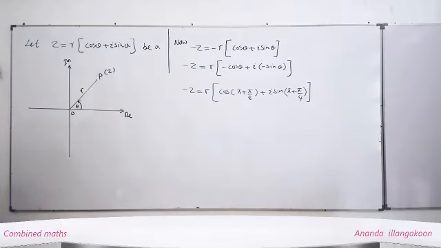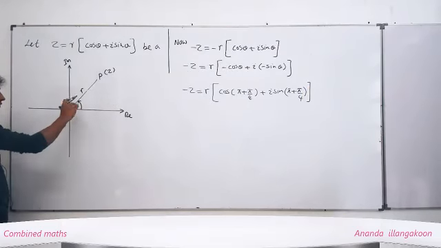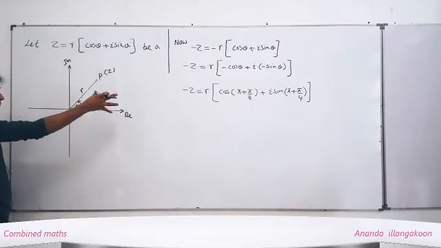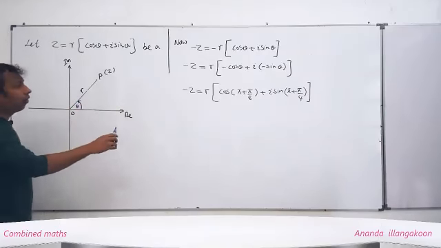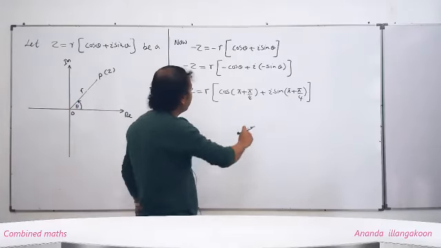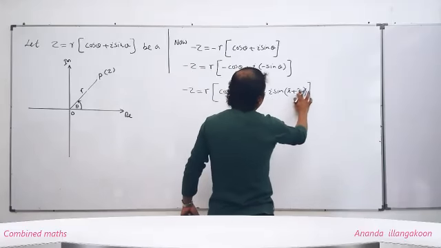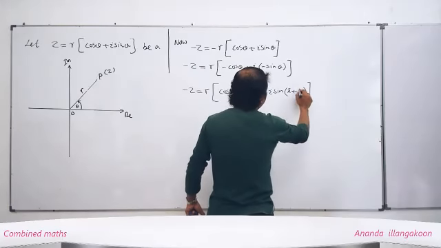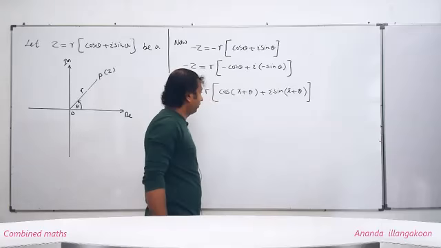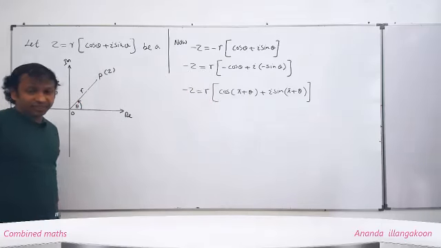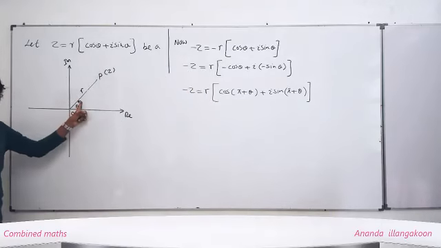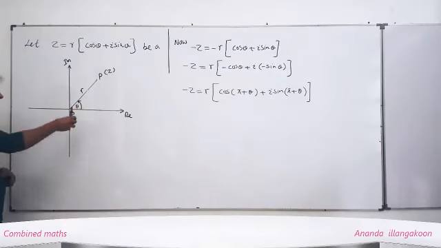Then you can very clearly see here the same length, with angle pi plus theta. How do you get pi plus theta? Already we have the angle theta, and another pi angle should be added. Then we have to rotate this way.